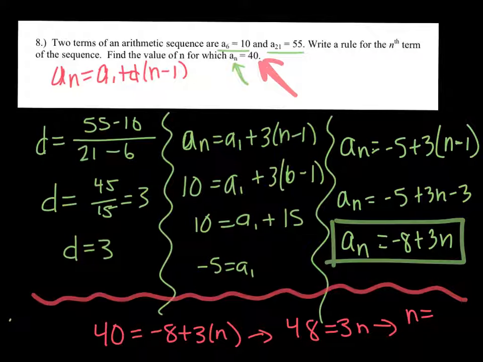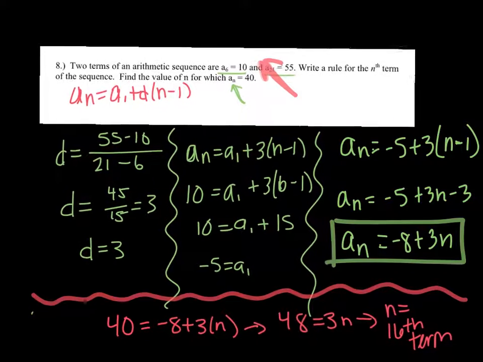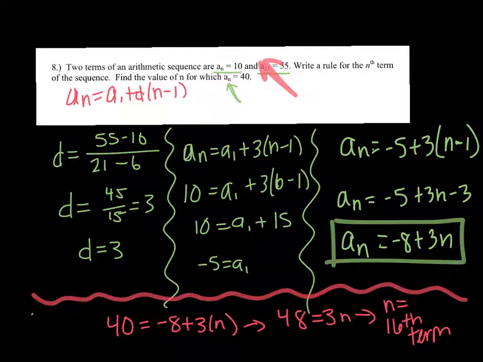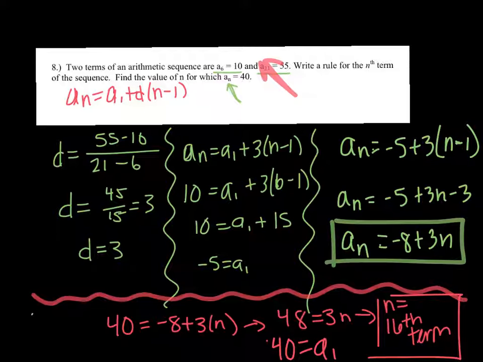So n equals 16. So that would be your 16th term. So you could write it as that, or you could say 40 equals a sub 16. However you want to write it, either way would be correct.